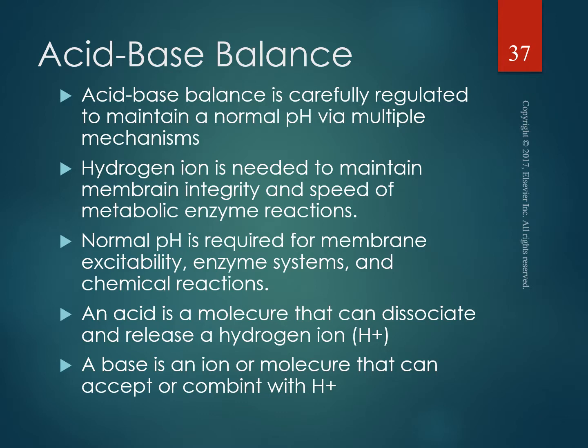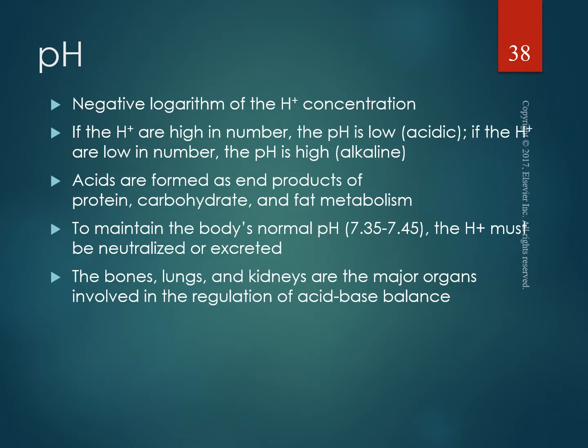An acid is a molecule that can dissociate and release a hydrogen ion. A base is an ion or molecule that can accept or combine with a hydrogen ion. So, pH is the negative logarithm of the hydrogen concentration.